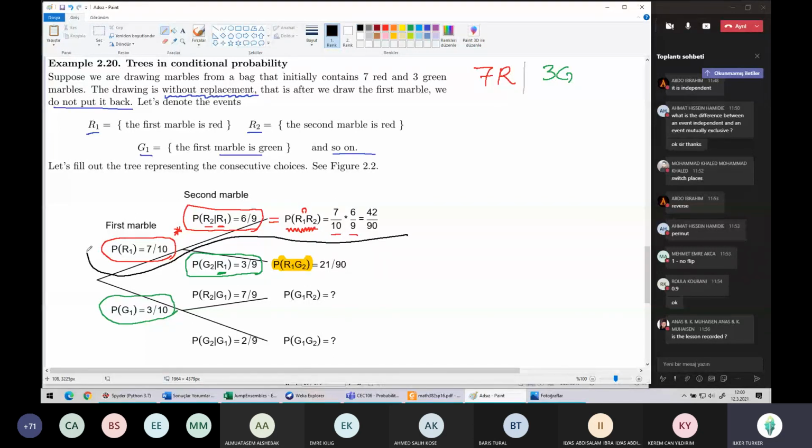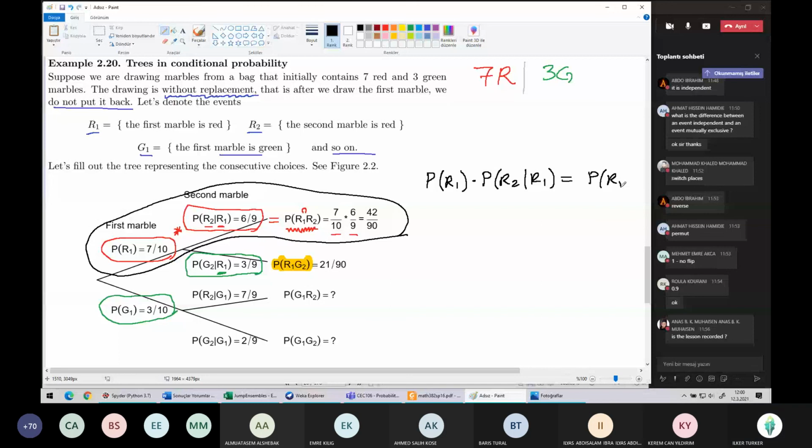We have stated it to show that probability of R1 times probability of R2 given R1 equals probability R1 R2. If we reorganize it, probability of R2 given R1 equals probability R1 R2 over probability R1.